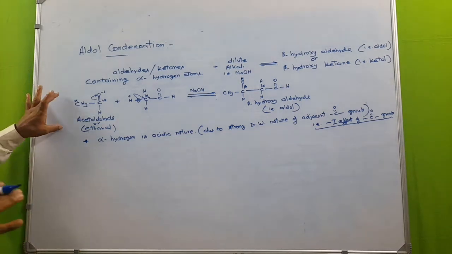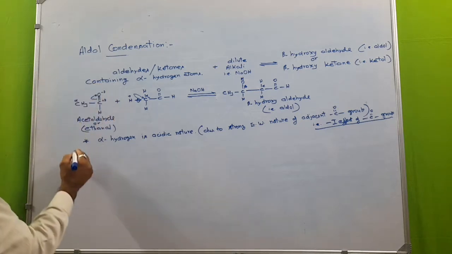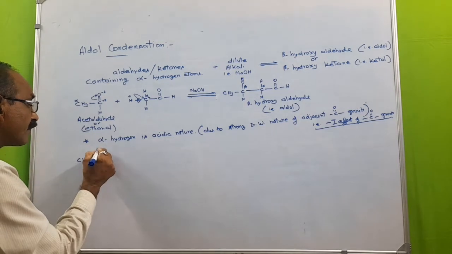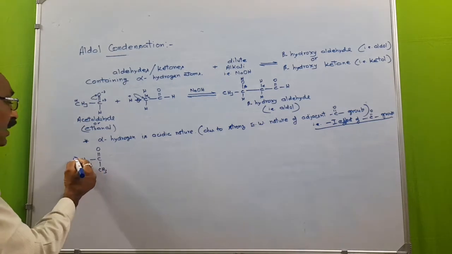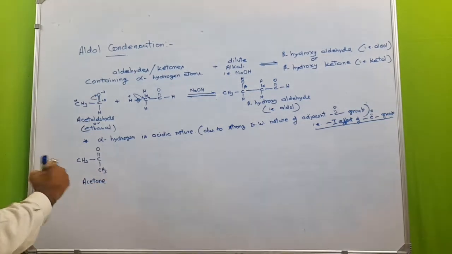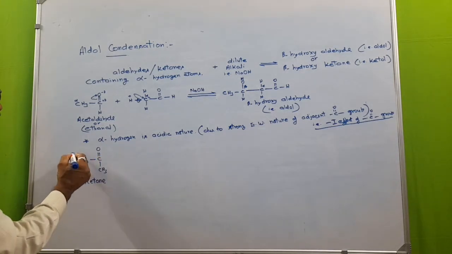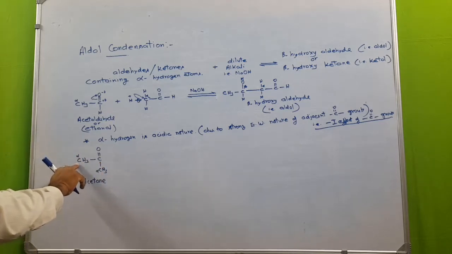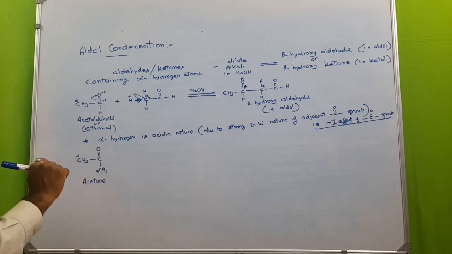It is not given only by aldehyde. We may take ketone too. See, this time this is a ketone, or acetone. Here the functional group is CO, the adjacent carbon is alpha carbon, and this alpha carbon has hydrogen, which means this is a ketone having alpha hydrogen.